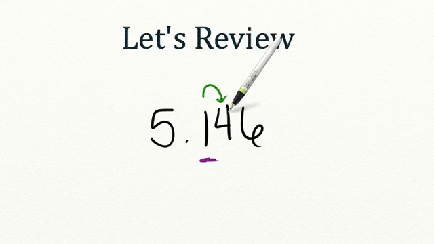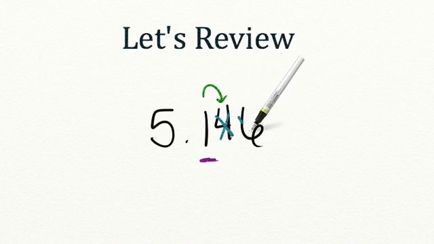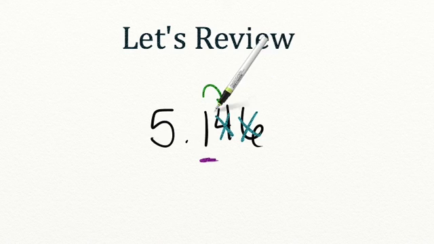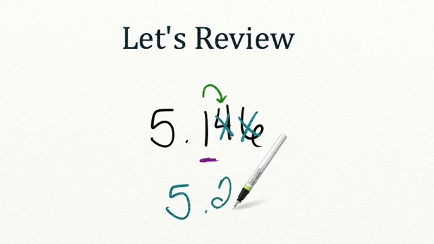And step 3, if this number is less than 5, then the 1 stays the same and we cross out our remaining place values. If this number is 5 or greater, then we're going to round this digit up by 1. So 5 and 146 thousandths rounded to the tenths place equals 5 and 2 tenths.